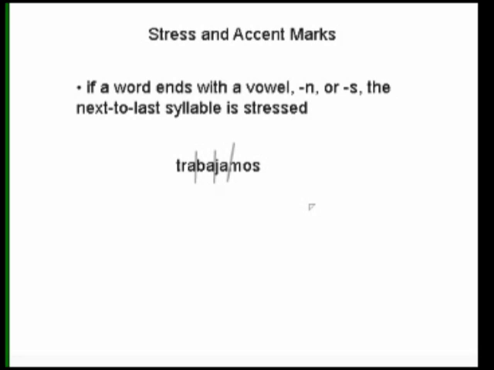We look at it, we see that it ends with S, and if we know that our rule says words that end with S have the next to last syllable stressed, then we know that the stress is going to be on the A. Therefore, our word is trabajamos, with the ja syllable getting the emphasis. It's not trabajamos, it's trabajamos.